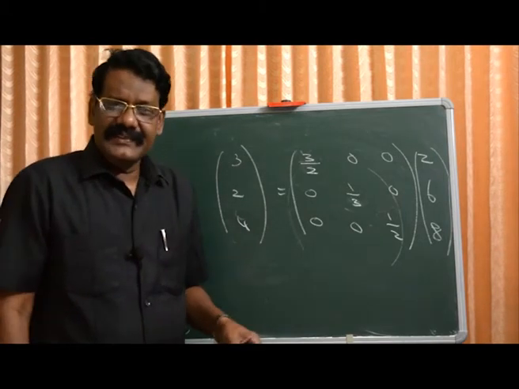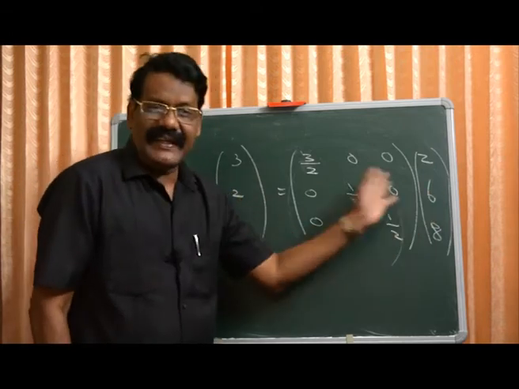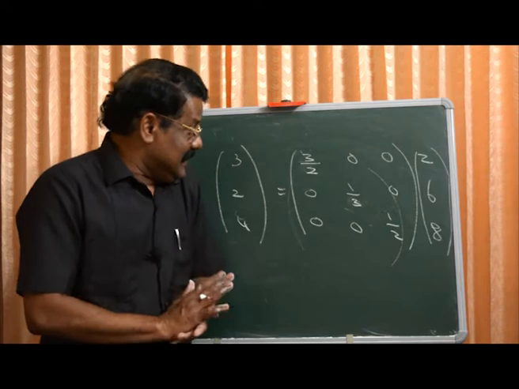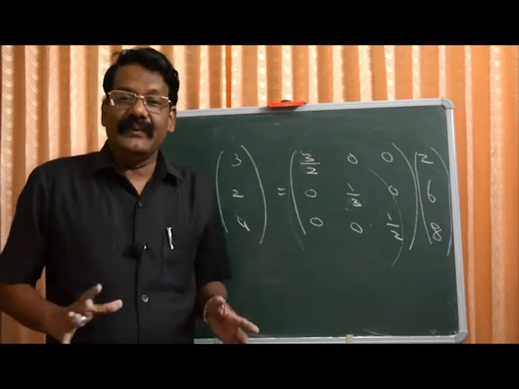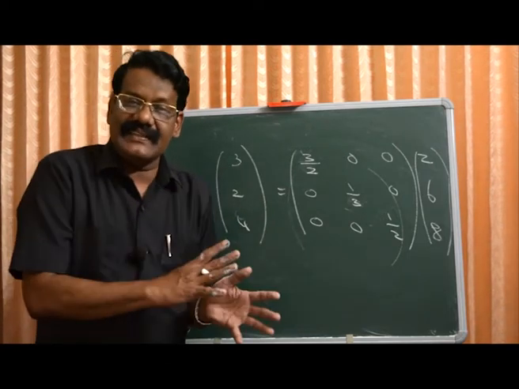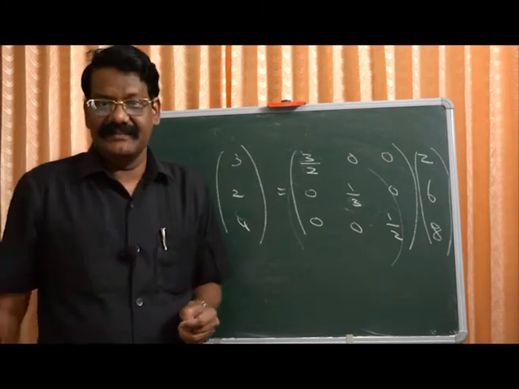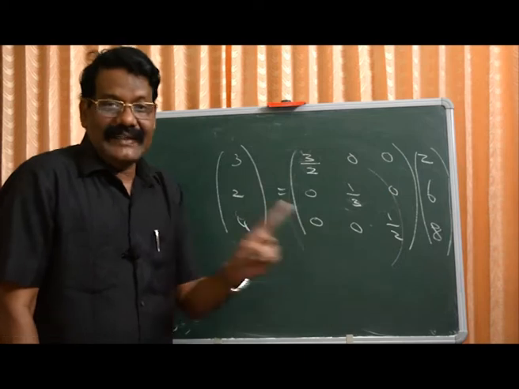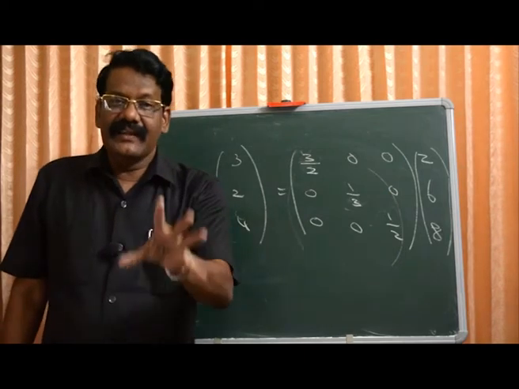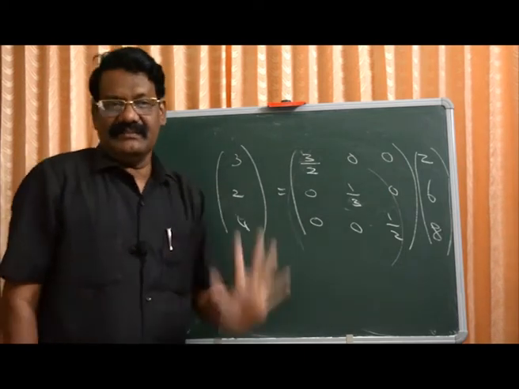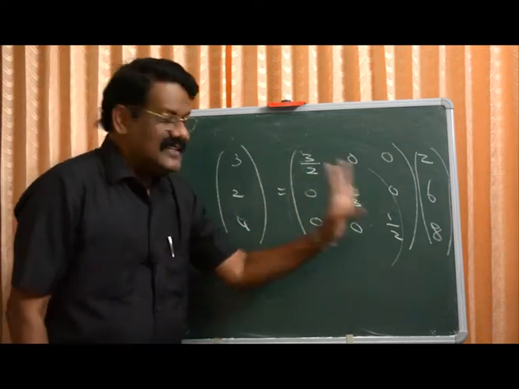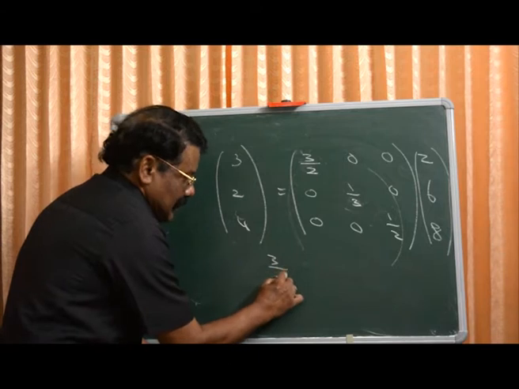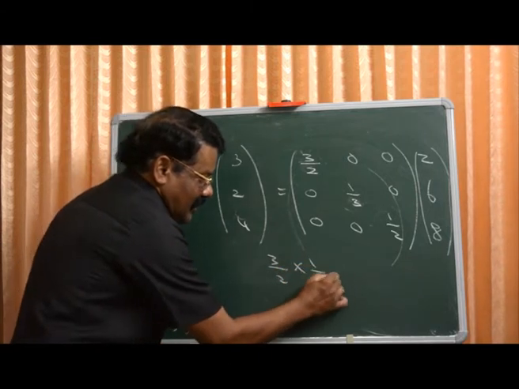Definitely. Actually, I wrote this in matrix form. And we know that a single value is associated with a matrix, called the determinant. If you go for the determinant of this matrix, you will get one value. That is actually the mass of the ball. The determinant of this matrix is very simple, that is 3 by 2 into 1 by 3 into 1 by 2.